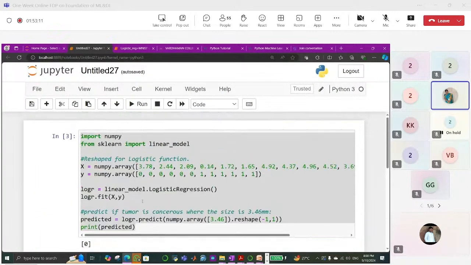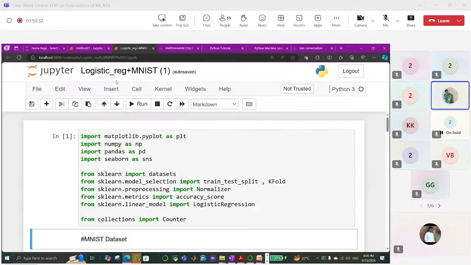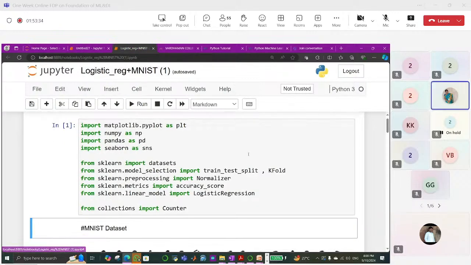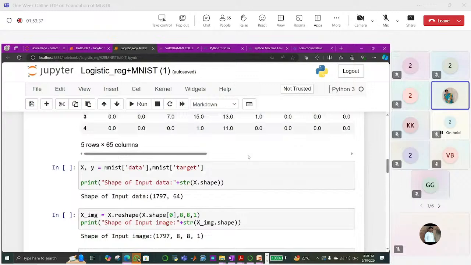So these are a few examples of logistic regression in Python. You can directly run the program using Google Colab also, but I executed it in the Jupyter notebook. Google Colab also you can run the programs. We'll share this program also, the main logistic regression program. You can execute it in Google Colab.